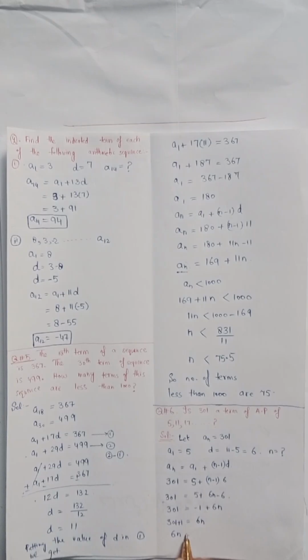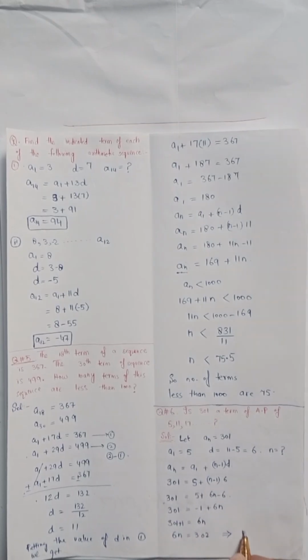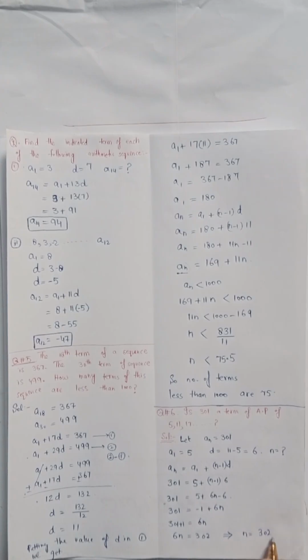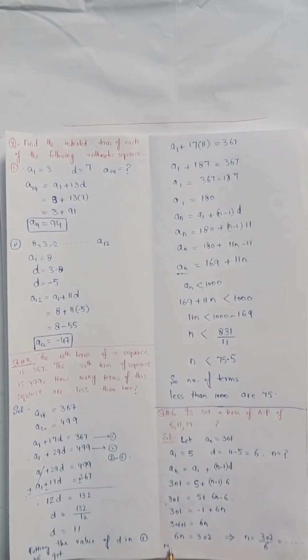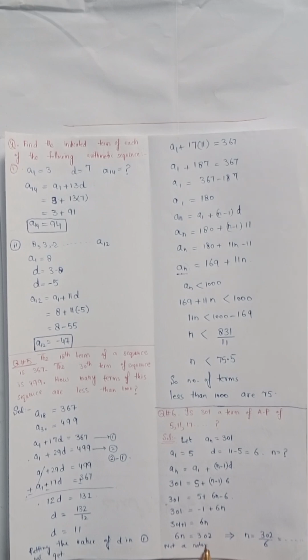That means n equals 302 divided by 6, which is not a natural number.